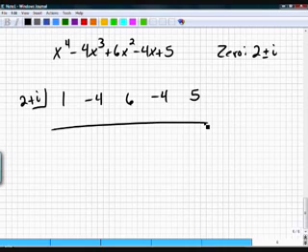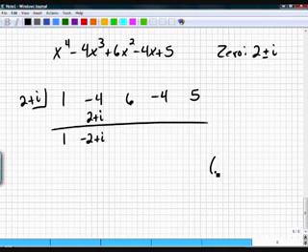It's not bad. Bring down 1, multiply it, what do you get? 2 plus i. Add those, what do you get? Negative 2 plus i. You just combine like terms. Here's where it starts getting a little bit ugly. We've got to foil that out. This way is probably easier though than the other way, really.